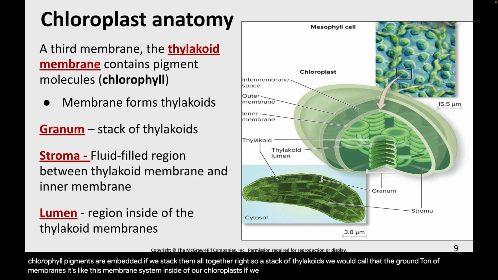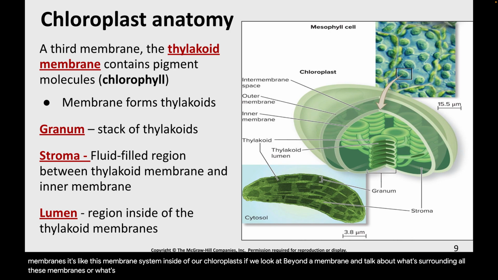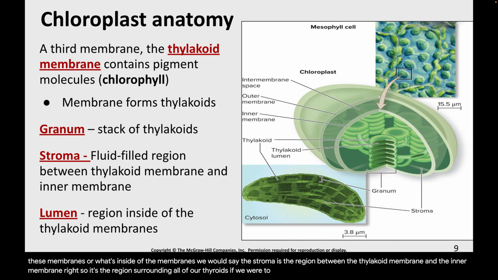If we look beyond a membrane and talk about what's surrounding all of these membranes, we would say the stroma is the region between the thylakoid membrane and the inner membrane. So it's the region surrounding all of our thylakoids. If we were to look inside of a thylakoid, that space we would call the lumen.